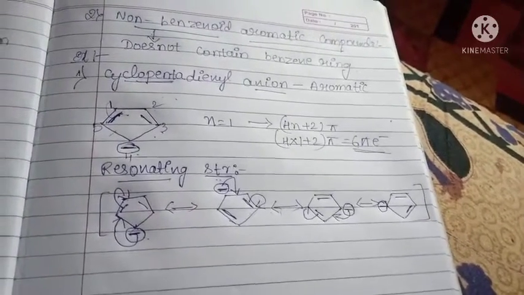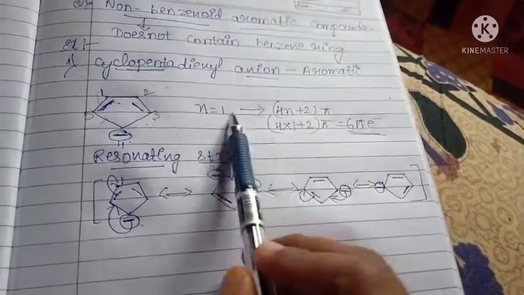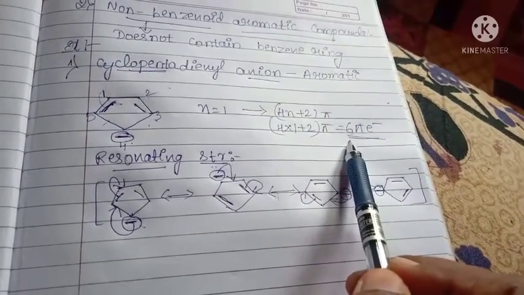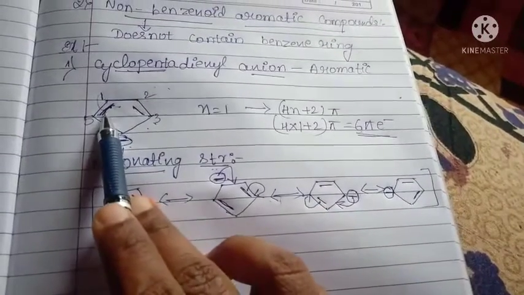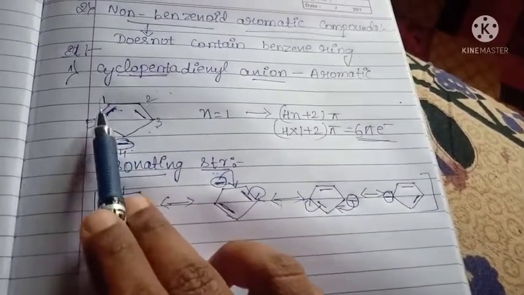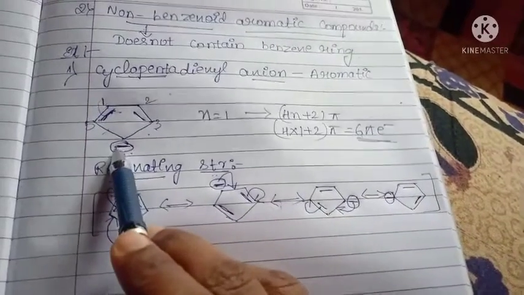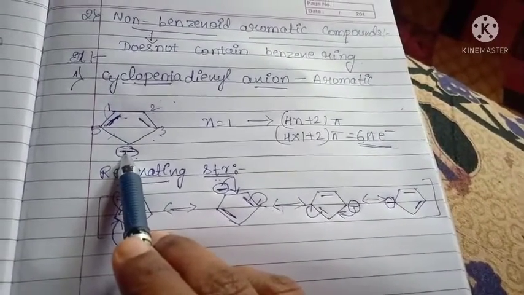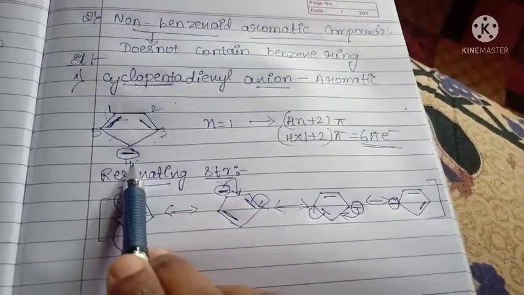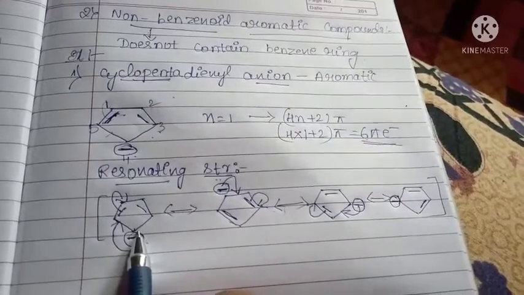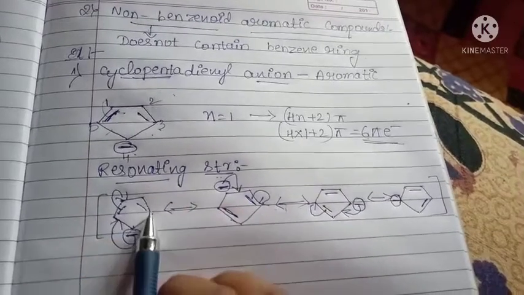Okay, this is the anion because it contains a negative charge. Okay, 6 pi electrons are present, so it is aromatic. Why? By comparing to pi bonds, it has only 4 electrons, but here it has 6 pi electrons. It has a negative charge. Okay, in that negative charge it has 2 electrons. Okay, this is the resonating structure. Resonating structure means delocalization of electrons.